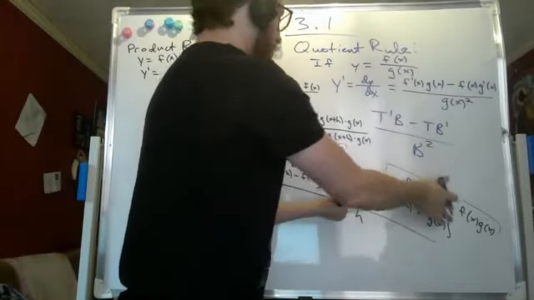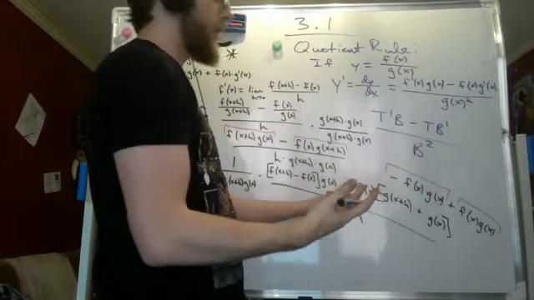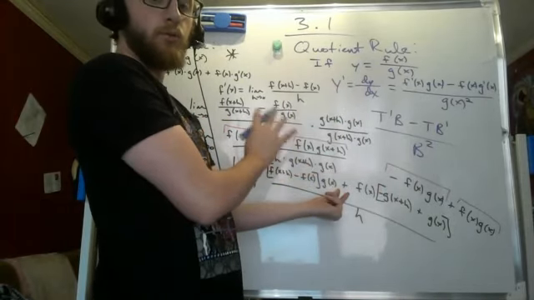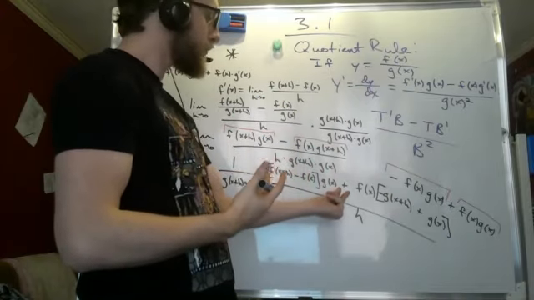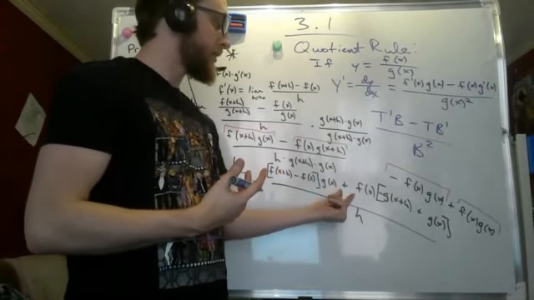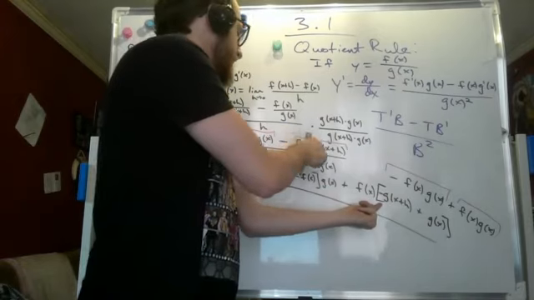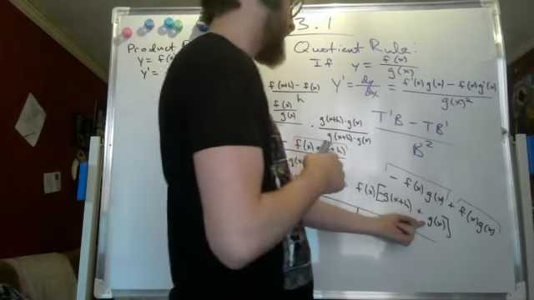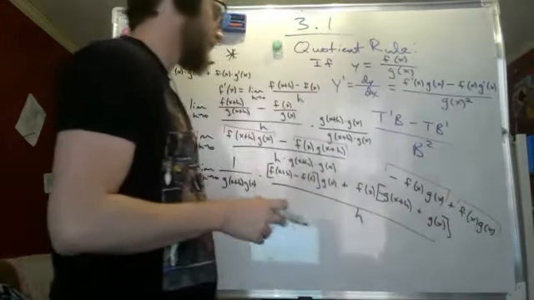I should have plugged this in before trying to factor it out, but it's all going to work out in the end. I'm also not going to be expecting you guys to remember this. This is just for your benefit to see that this really does work. So this negative I had in the middle, that should actually be a plus. This g of x plus h, this should be a negative because of this negative sign. And then we would have a plus g of x over here because it was positive there.